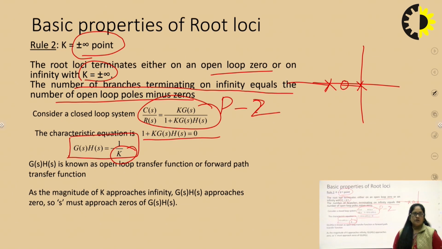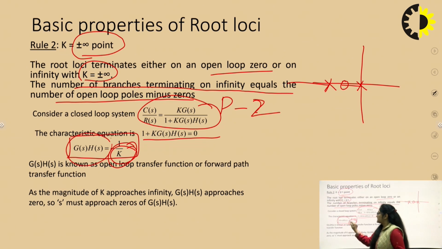The root locus starts at an open loop pole when K is equal to 0 and terminates when K is equal to plus or minus infinity. As the magnitude of K approaches infinity, G(s)H(s) approaches 0. Therefore, S must approach the zeros of G(s)H(s).